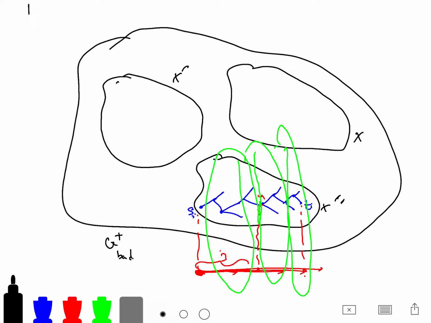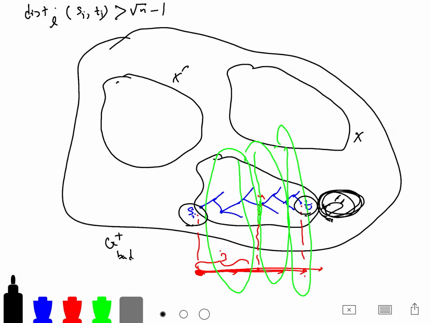So I want to say that for every i from 1 to k, it is enough to prove that the distance between Si and Ti is greater than root n minus 1. The proof is very simple because we assume Si and Ti are in the same connected component.